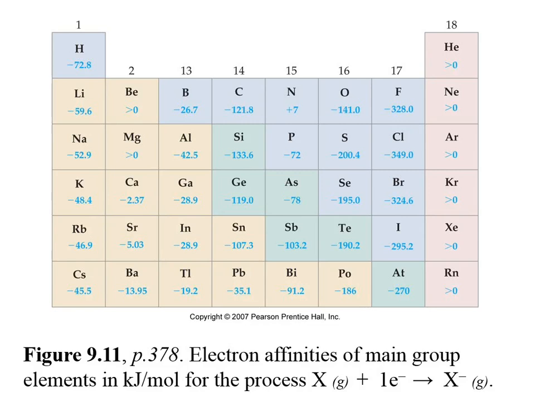Then over here, you would write the delta H EA. We'd have a delta H electron affinity equal to whatever, and those are the values in units of kilojoules of energy per mole of electron that's added.